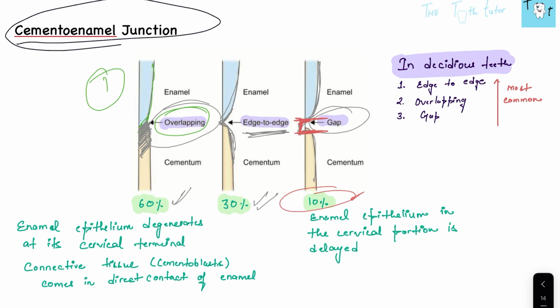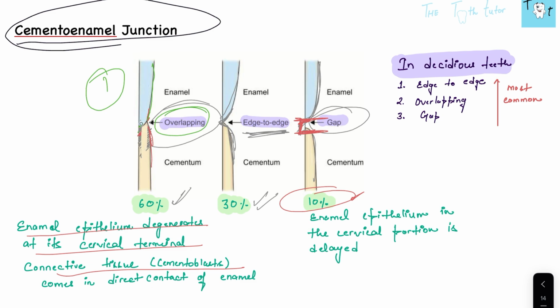So why do we see an overlap? Our enamel was up to here and then cementum got deposited on top of that. Why? Because the enamel epithelium degenerates at its cervical terminal, and connective tissue cementoblasts come in direct contact with the enamel. If you remember, we have the outer enamel epithelium.